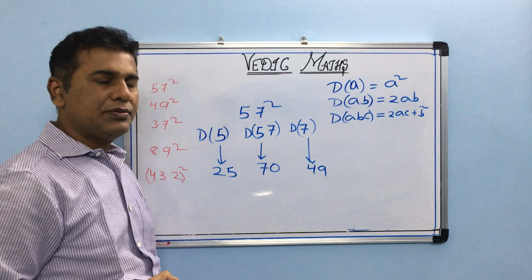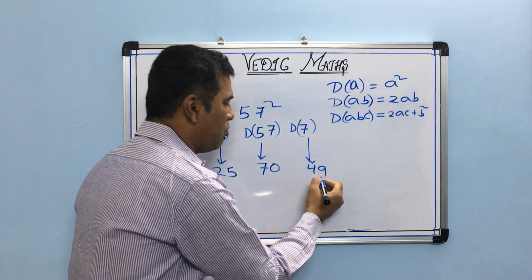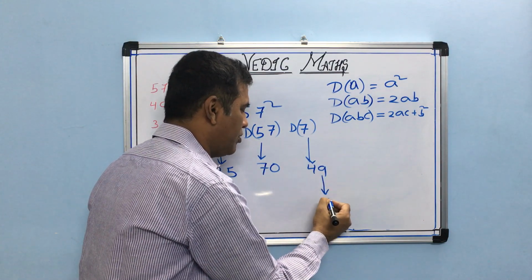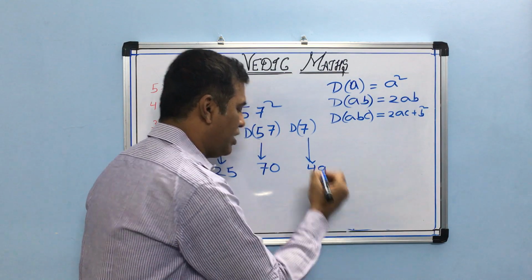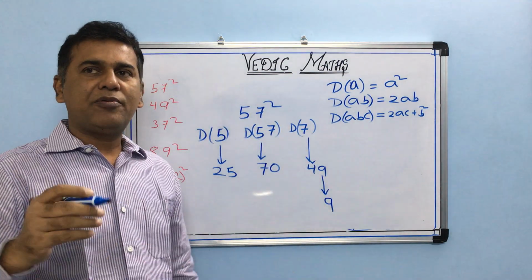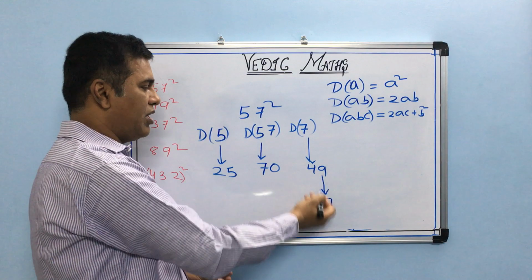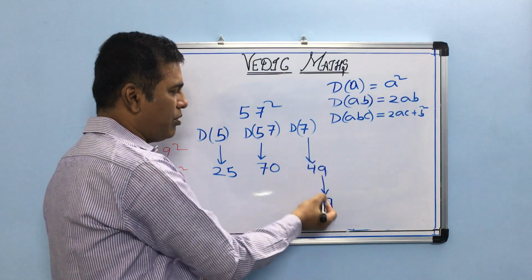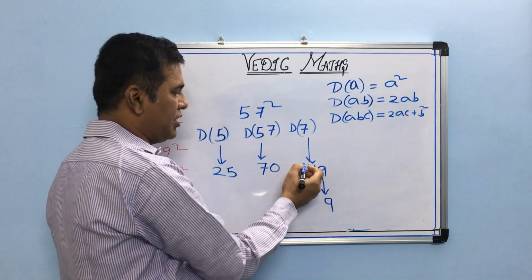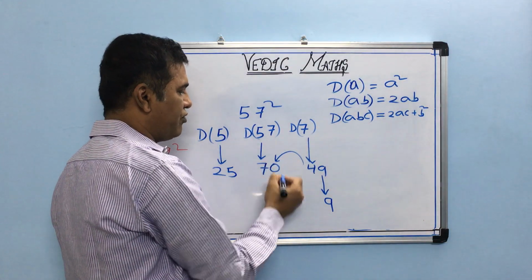Now what we will do? Bring 1 digit from each number. From here we will write only 9, as we do in normal multiplication. From every group, from every column, we will bring only 1 digit, and the next digit we will carry forward.